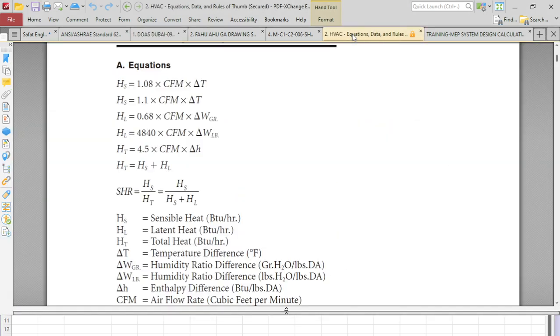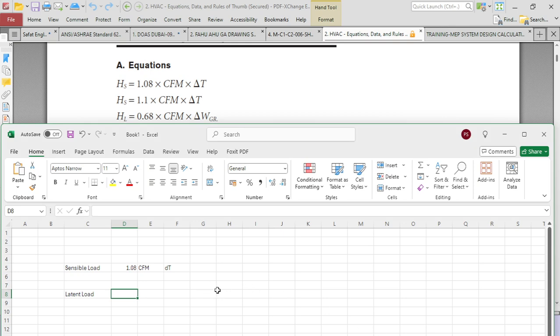So latent load is nothing but 0.68 delta W, right?